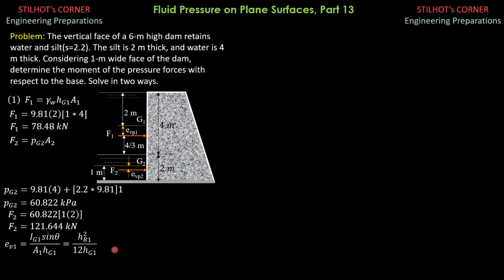So you can find the derivations there. So this is now 4 squared over 12 times 2, and that's why it is 2/3 as expected. EVP1 is 2/3.